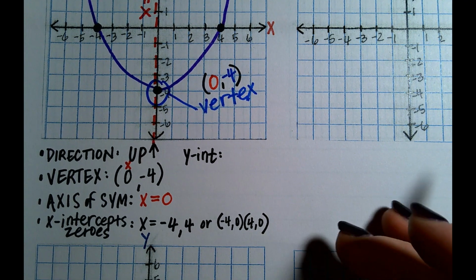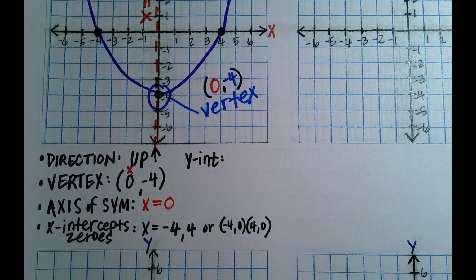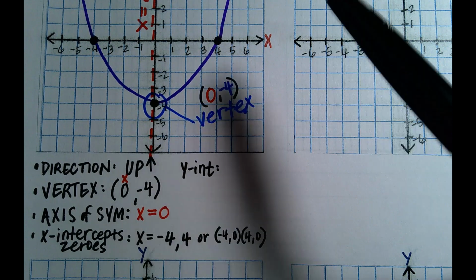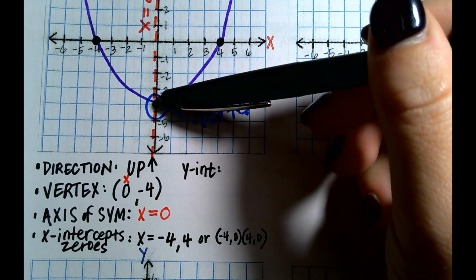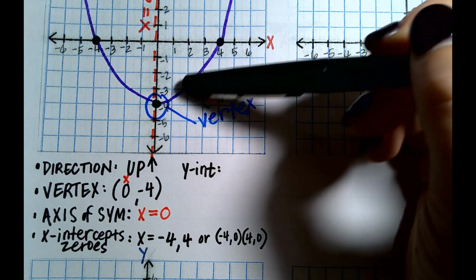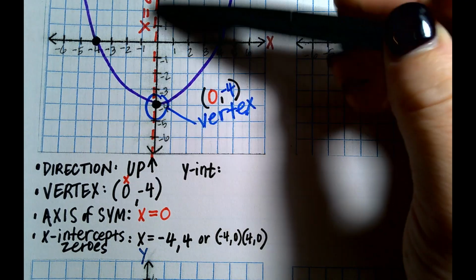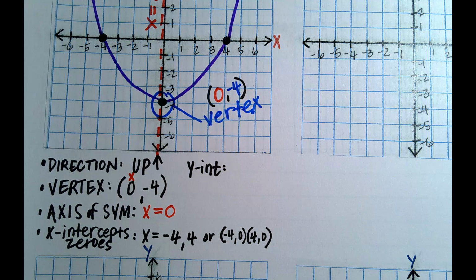Now we have one last thing to look for, the y-intercept. Would be -4. Yeah, so this is a special case where the y-intercept is the same as the vertex, because the y-intercept is just where it touches the y-axis, and it touches right here at -4.